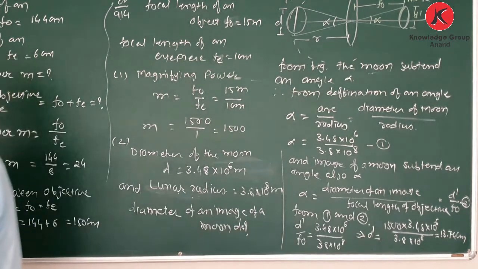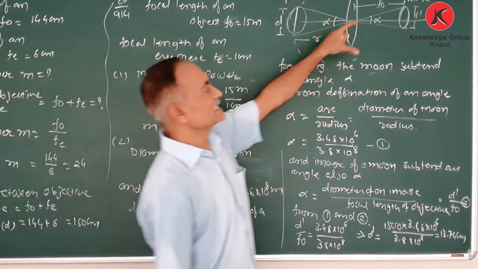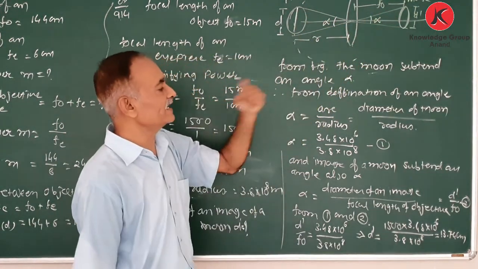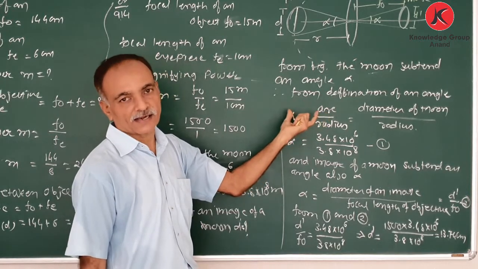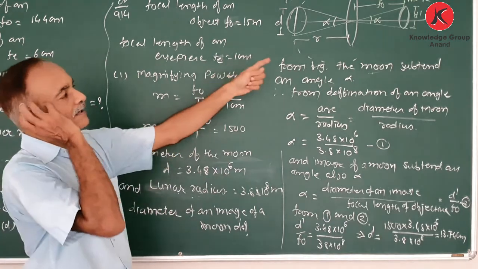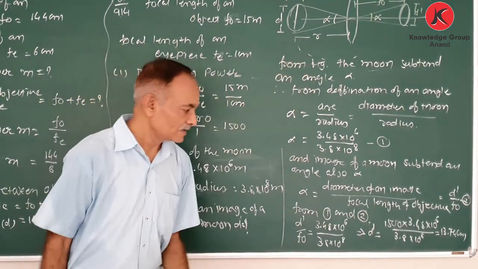That is the value. So that is the diameter of the image formed by the objective. So only we have to use here the definition of angle. Clear this? So very easy, but here the figure is required for understanding how we take it. Okay.